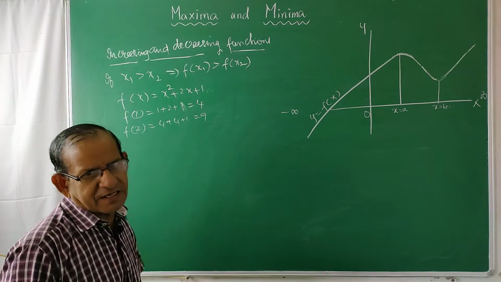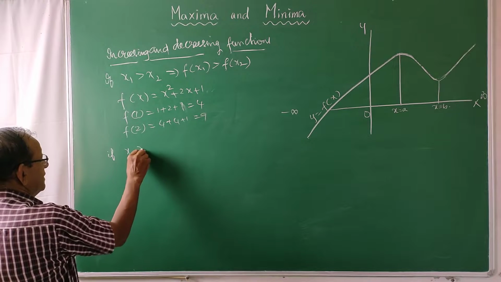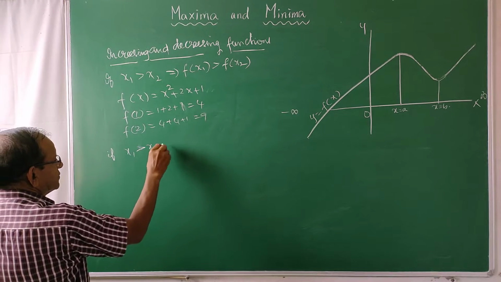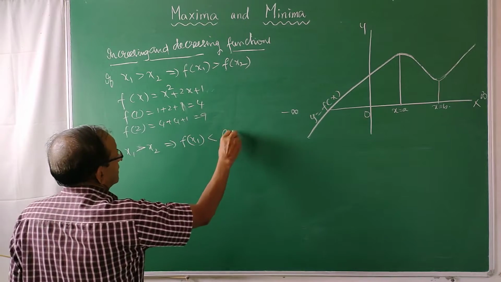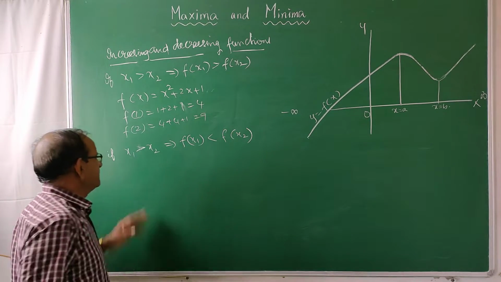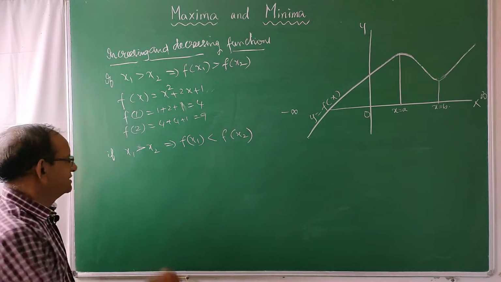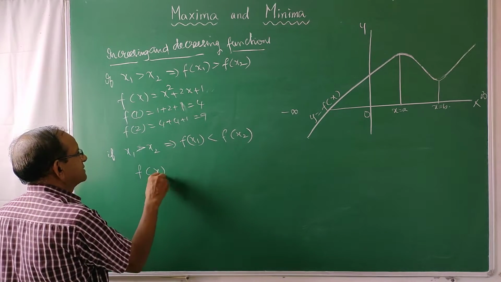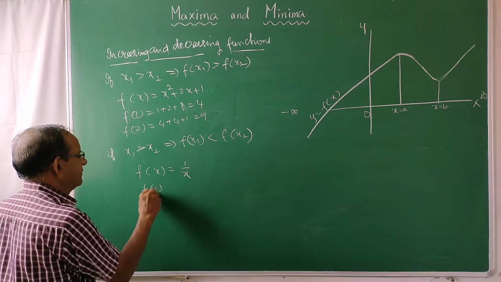If it is in the reverse direction, suppose x1 greater than x2 implies f of x1 less than f of x2. That means if you increase the value of x, f(x) value will decrease. For example, f(x) is equal to 1 by x. What is f of 1? 1.